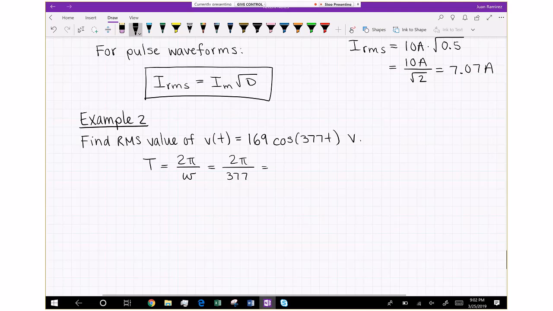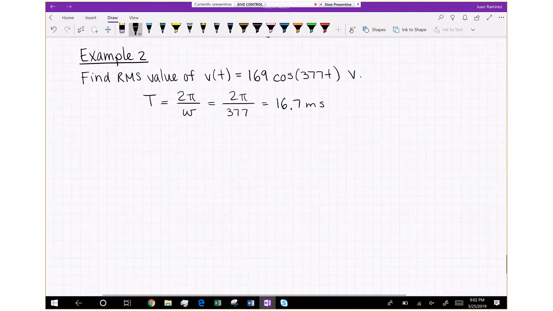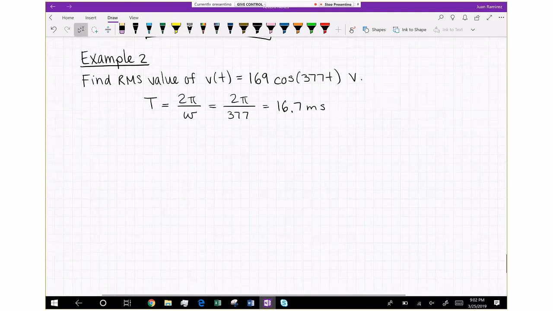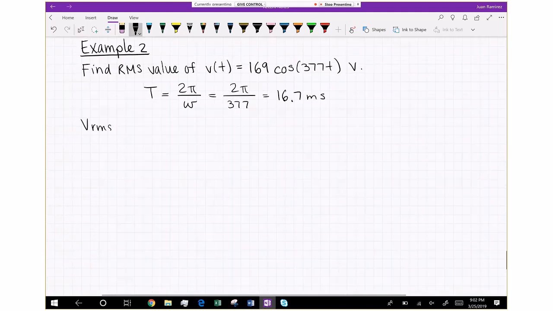So the period is about 16.7 milliseconds. Okay, so now let's plug it into our formula. Square root of 1 over the period, integral from 0 to the period, times the signal squared.